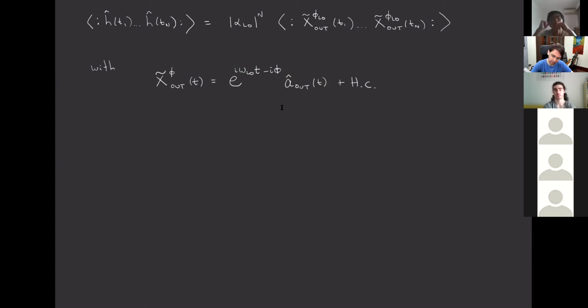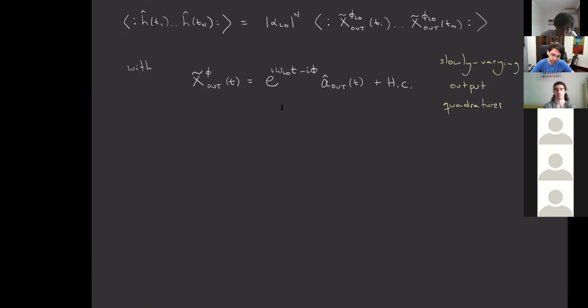So then we are always going to talk about these slowly varying output quadratures, instead of talking about the instantaneous one, the one that is in the original Schrodinger picture or whatever.